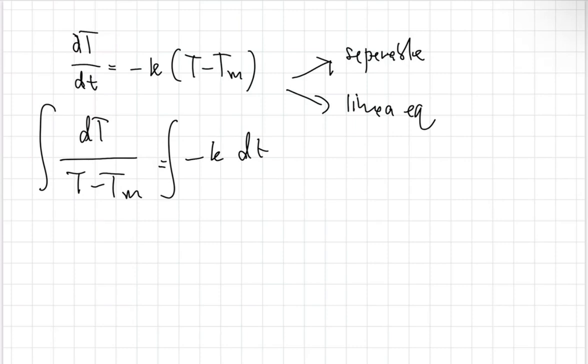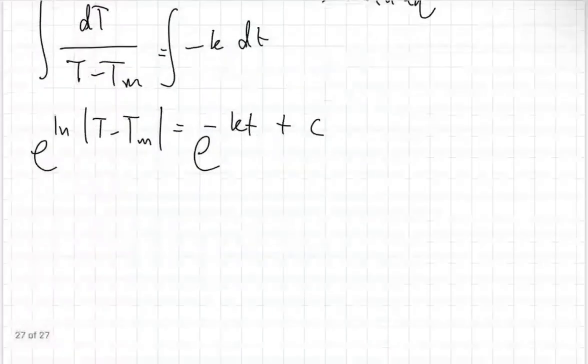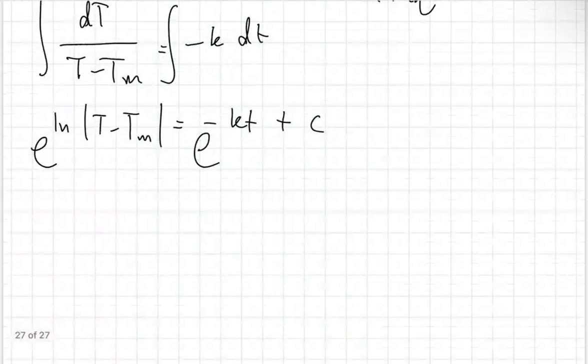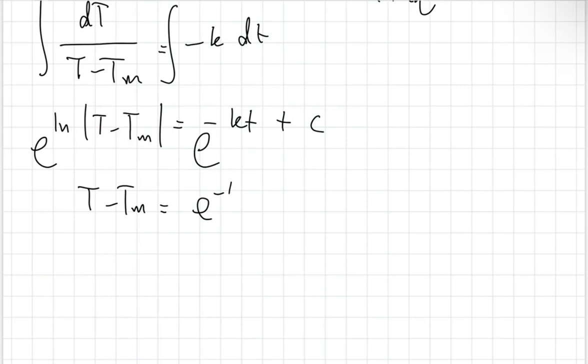The left hand side you get ln|T minus Tm|, the right hand side you get minus kt plus constant c. So take the exponent of both sides. Now you have T minus Tm equals exp(minus kt) multiplied by exp(c).